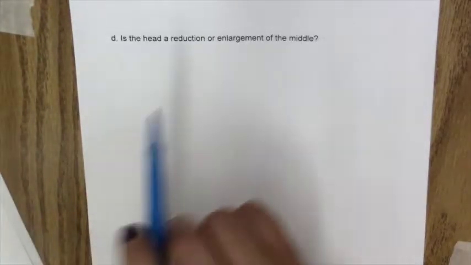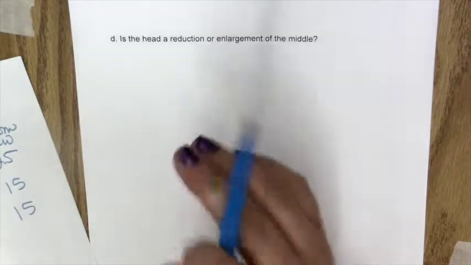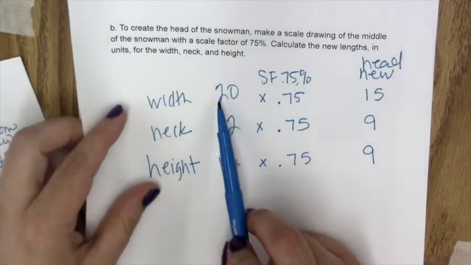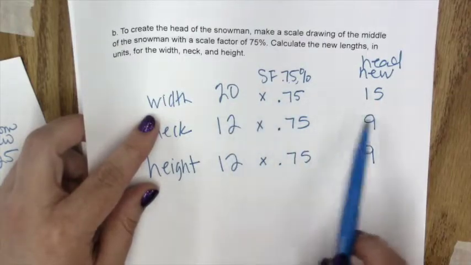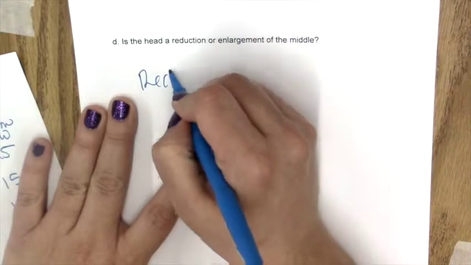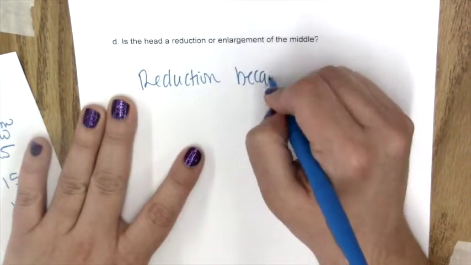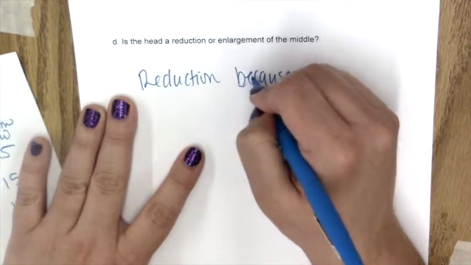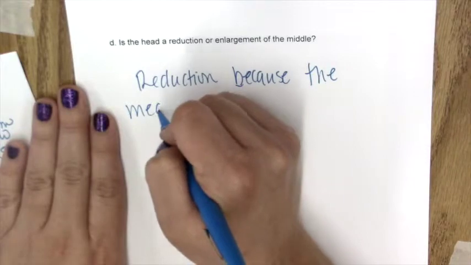So now we're talking about the head. Is it a reduction or an enlargement of the middle? So when we look at our head, our measurement for the width started at 20 and went down to 15. So since these numbers are getting smaller, this is called a reduction, because the measurements get smaller.